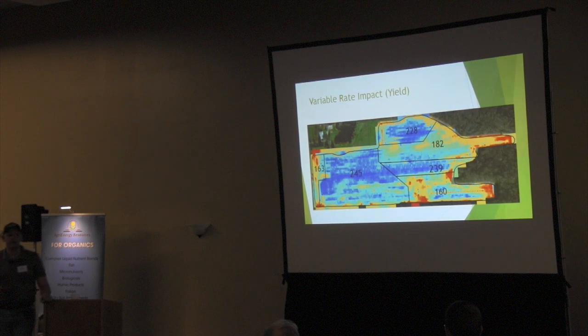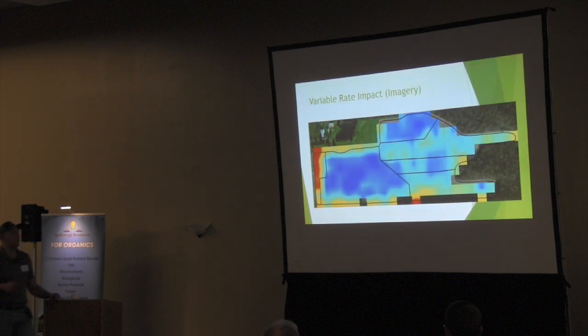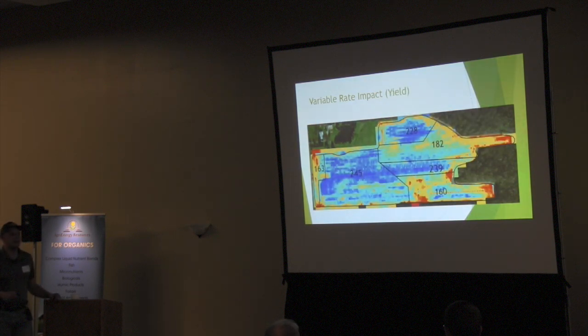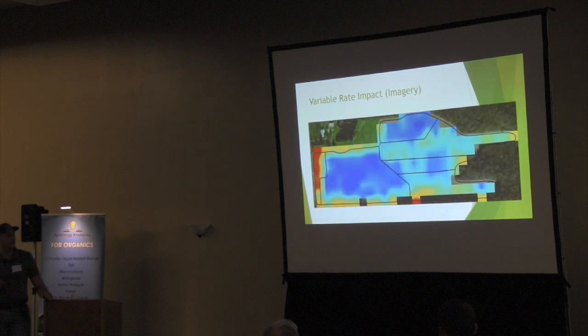So now we can correlate it to yield. Question about yield. You tell me. We look about the same. Yield and NDVI would line up within 90% all the time. Now granted, this image was taken, I think, the 1st of August.